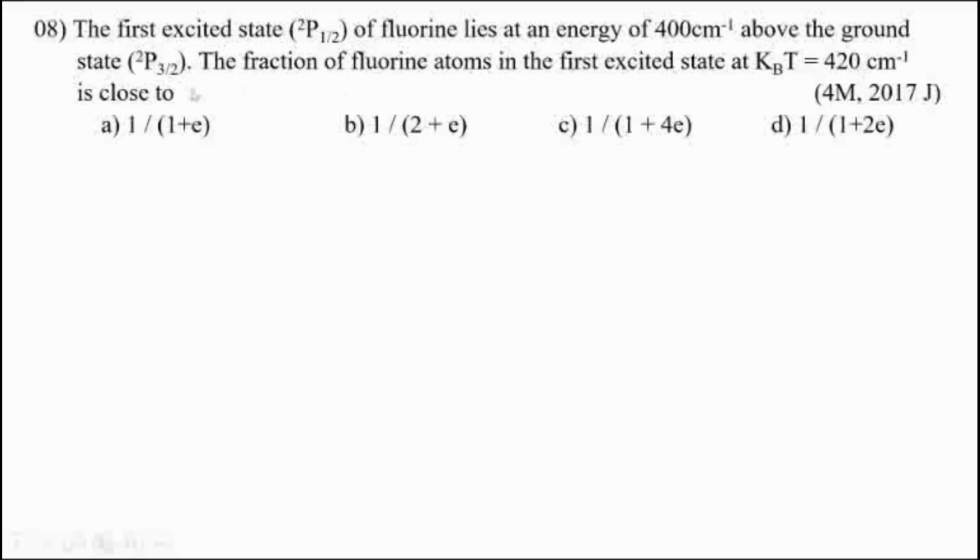Okay, see what are the informations given here. I'll write here. For fluorine atoms, we have a system containing some number of fluorine atoms, and it was given that the ground state is doublet P 1/2 and the excited state is doublet P 3/2.